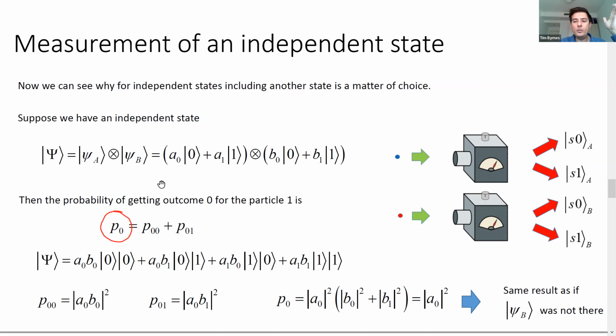That can actually happen in two ways in this composite system picture: you get 0 here and Bob gets 0, or you get 0 and Bob gets 1.